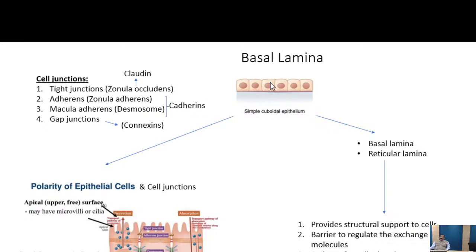The zonula occludens not only anchors the cells to each other, but also prevents the fluid or anything contained within the organ from coming in between the epithelial cells. So these are the tight junctions. Just below that, you will get another type of junction, which is called the adherent junction or zonula adherens. Here, the cells are a little bit separated from each other, but there are proteins called cadherins which bind the cells together.